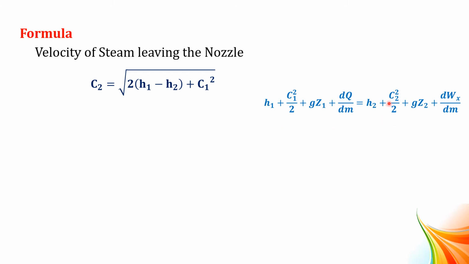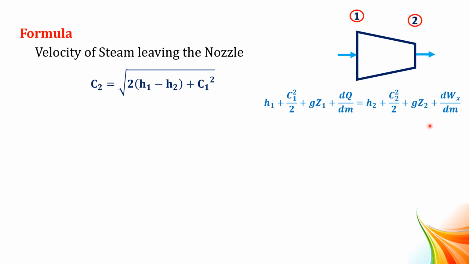Here H1 and H2 are the enthalpy values at the inlet and exit of the convergent nozzle, and C1 and C2 are the velocity of steam at the inlet and exit of the nozzle respectively, and gZ1 and gZ2 are the potential energy of steam at the entry and the exit of the nozzle respectively. Then dQ by dm is the heat transfer and dWx by dm is the work transfer.